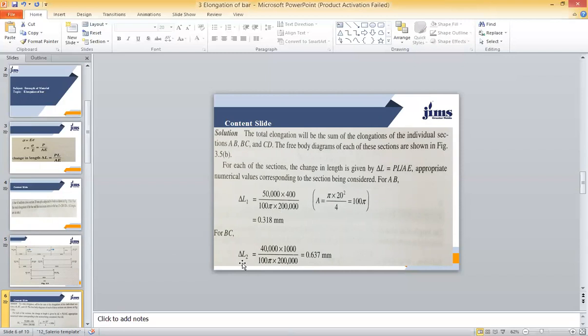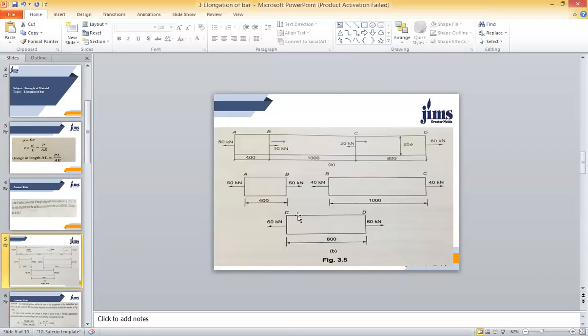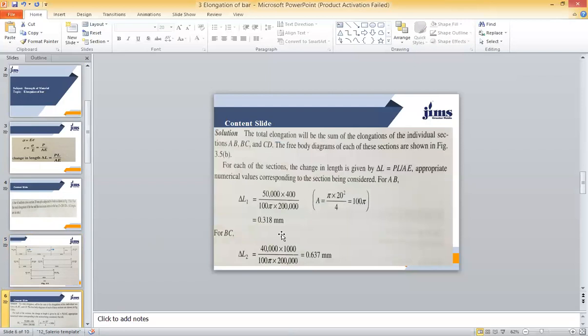Delta L2, once again, the load on the BC bar is 40 kilonewton, length is 1000. 40 kilonewton means 40,000 Newton, 1000, and A is the same and E is the same. So we can calculate delta L2, the change in length in BC. This is 0.637.